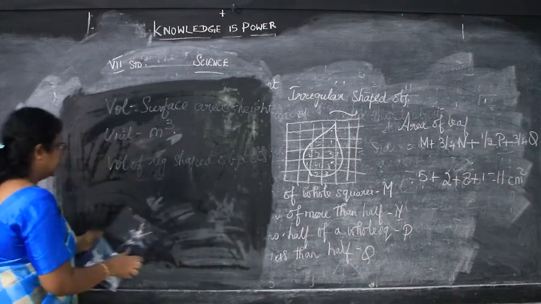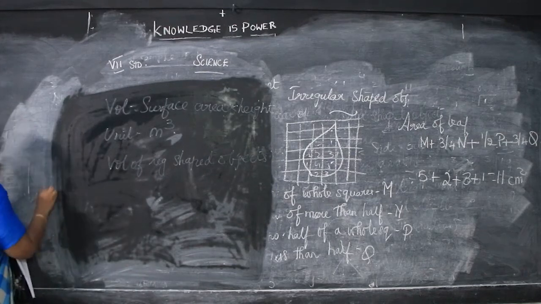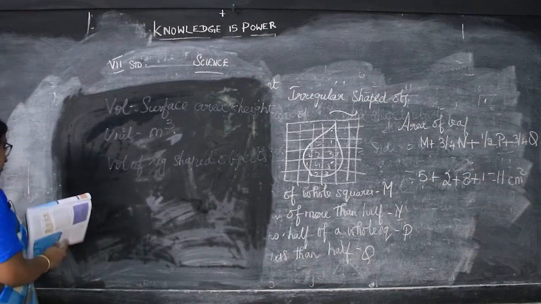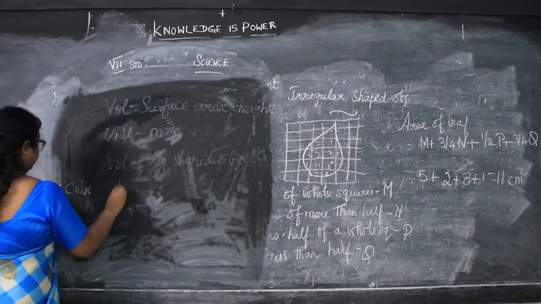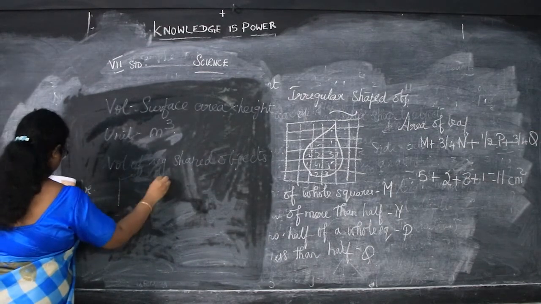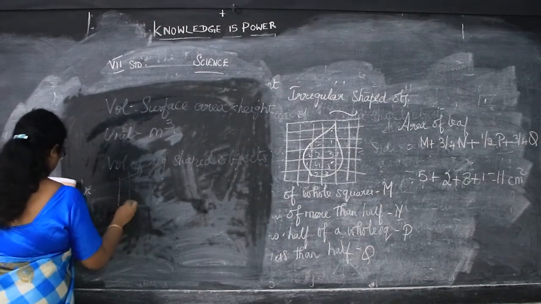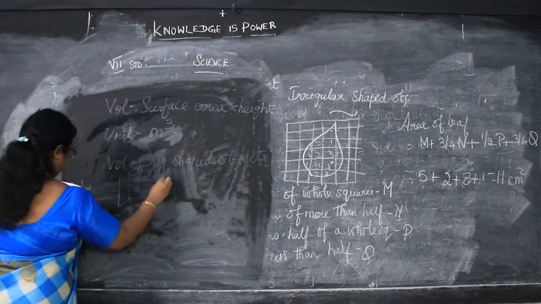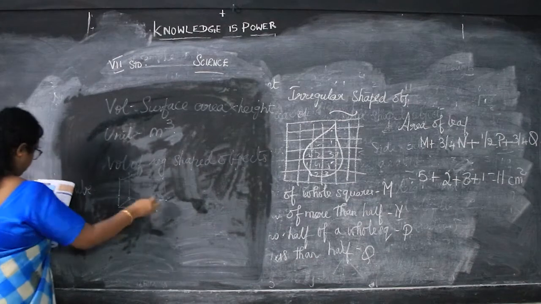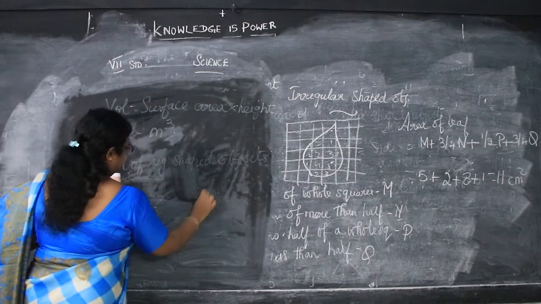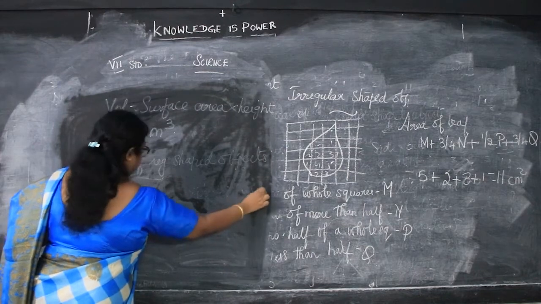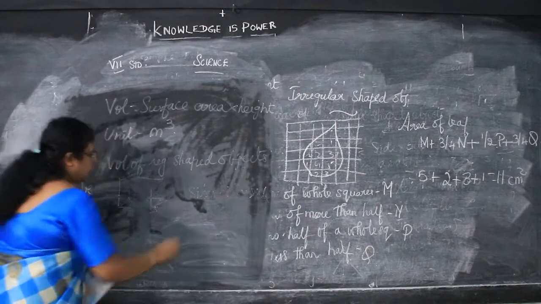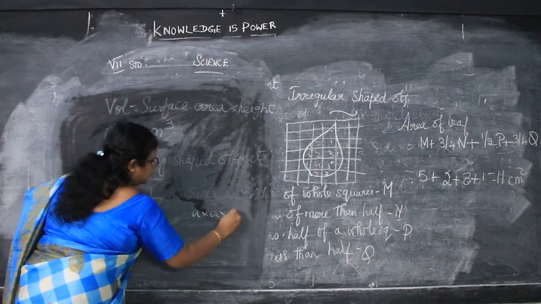Now first we will see the objects. The cube: side into side into side, that is a into a into a.